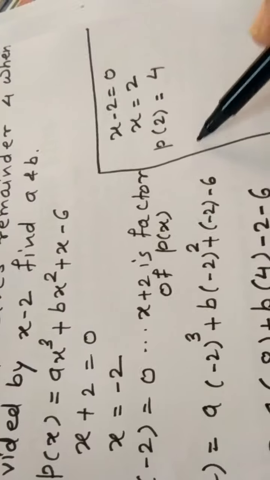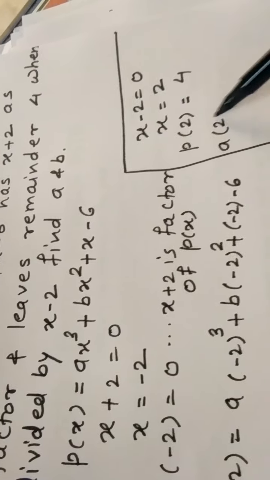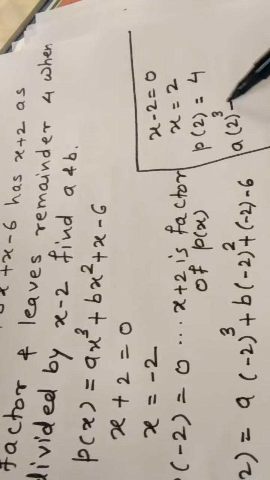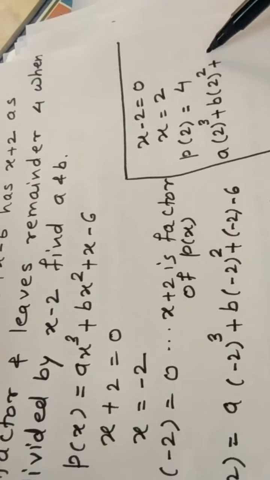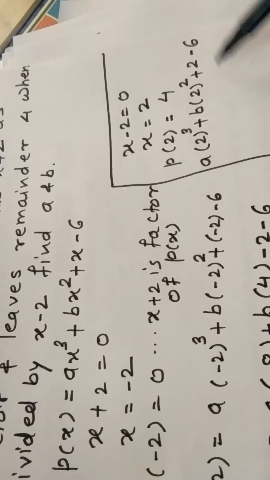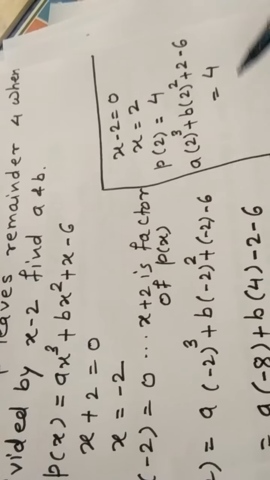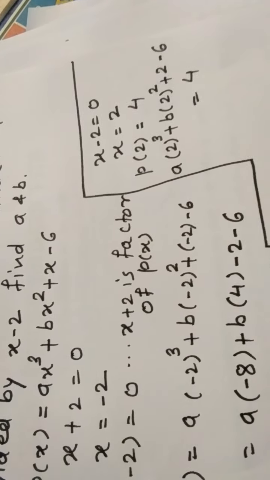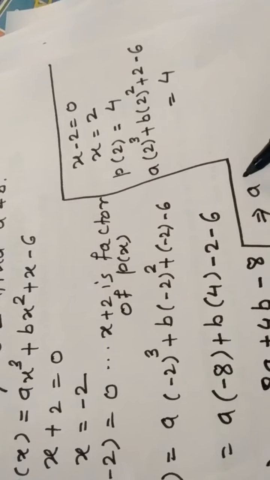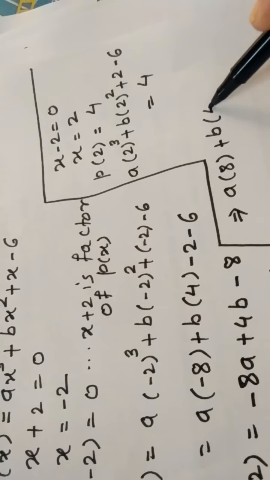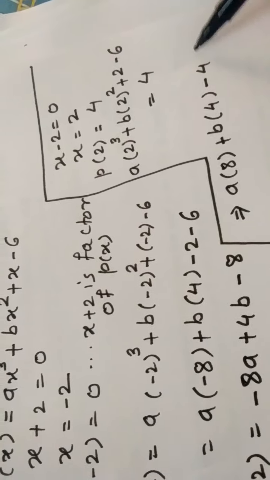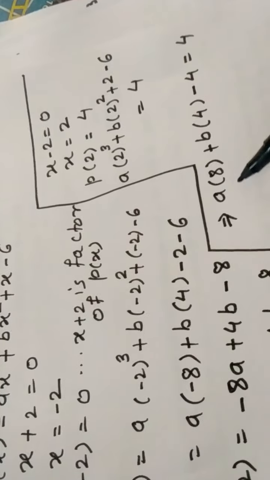p(2) means a times 2 raised to 3 plus b times 2 raised to 2 plus 2 minus 6 is equal to the remainder, which is 4. That is, a times 8 plus b times 4 minus 4 is equal to 4.